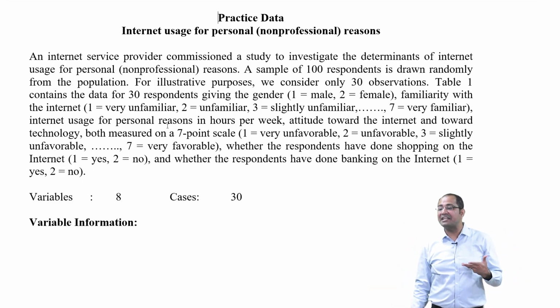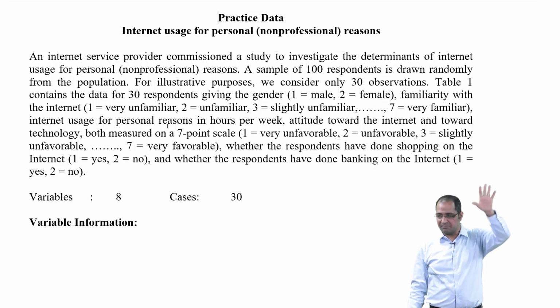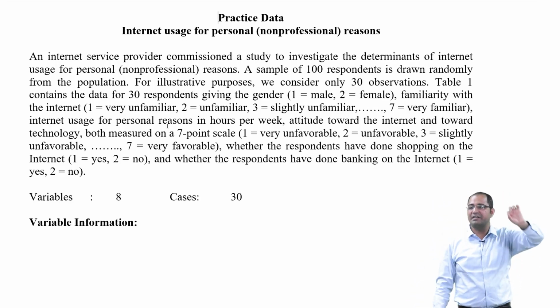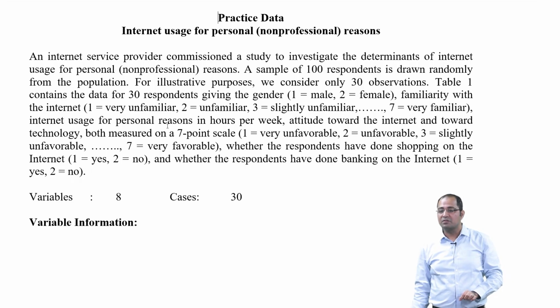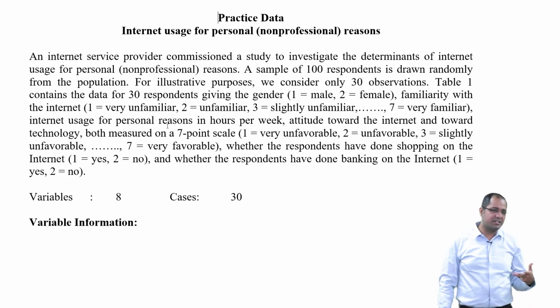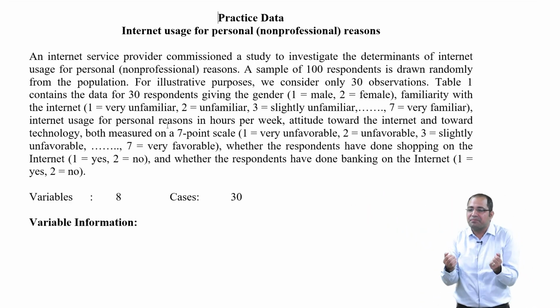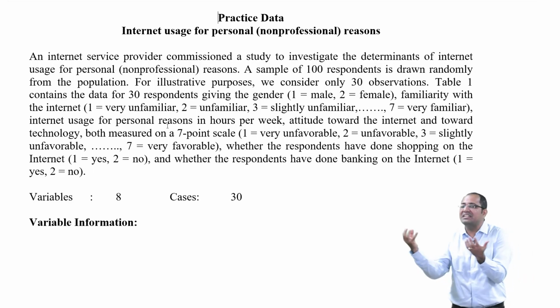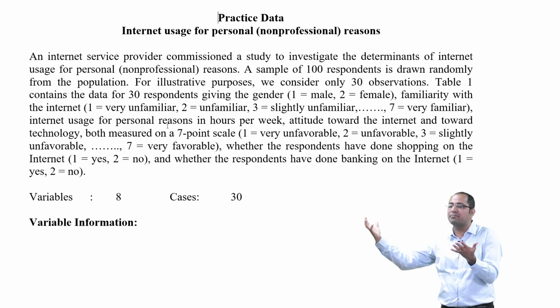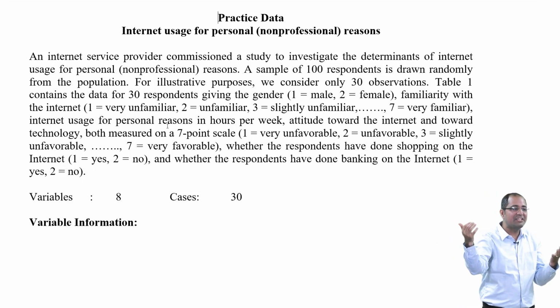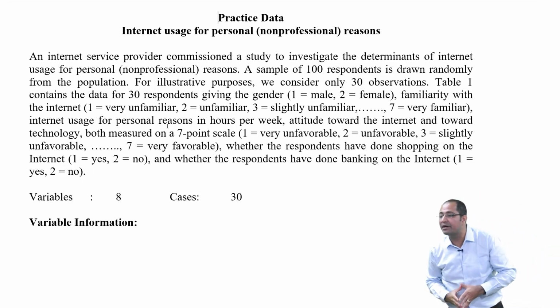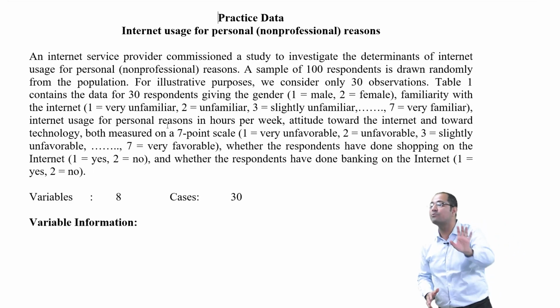Why do you give the identification serial number, why 1, 2, 3, 4? Confidentiality could be one of the reasons, very good, you do not want to put their names. Another reason is, if some respondents have lied or not filled it properly, not paid attention, and you are able to catch that, you will have to remove that data point. So you would know which respondent you have removed.